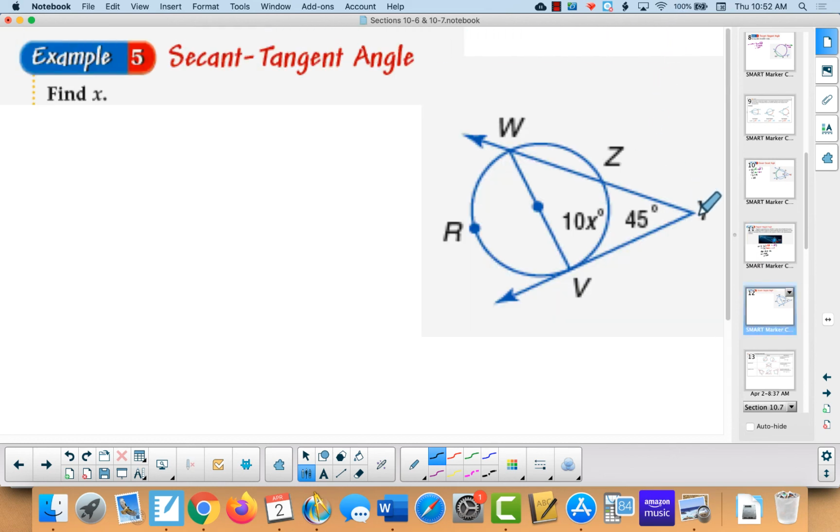Here, angle Y is outside the circle, so I know that the measure of angle Y is equal to 1/2 the difference of its intercepted arcs. WRV is one intercepted arc, and ZV is the other intercepted arc.